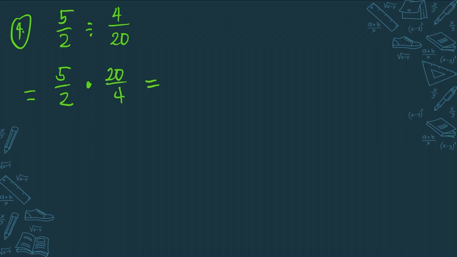One way of solving this one, you can start with the prime factorization of the numerators and the denominators, and then apply divide out. 5 is already a prime number, so you can just write it as 1 multiplied to itself. And then the prime factorization of 20 is 2 times 2 times 5. For the denominator, 2 is already a prime number, so you have 1 multiplied to 2. And 4, we can rewrite as 2 times 2.